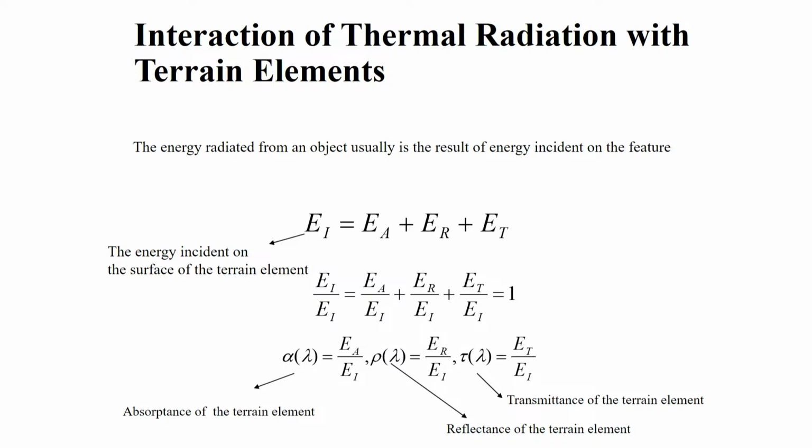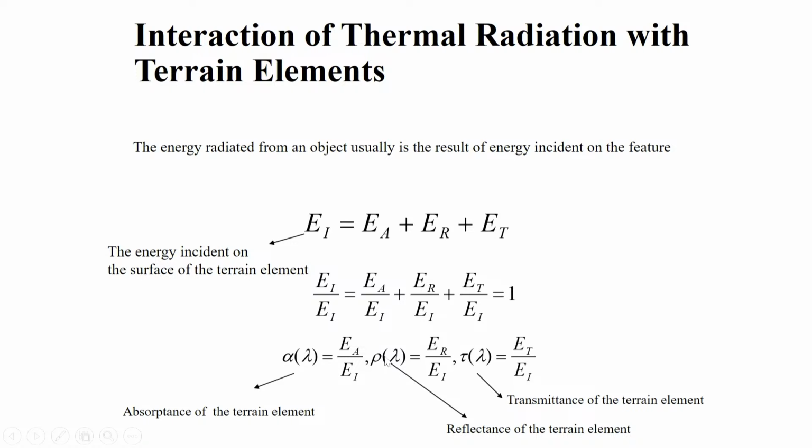This tells the potential of the surface to absorb the incoming radiation. The ratio between the absorbed energy and the incident energy tells us the absorptance of the surface.